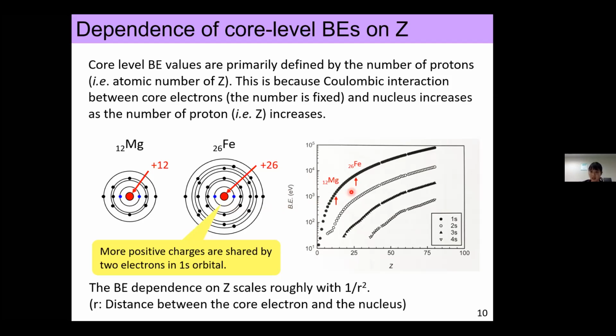Therefore, the binding energy of iron is higher than that of magnesium. The binding energy dependence on Z scales roughly with the inverse of R squared. Here, R is the distance between the core electron and the nucleus.